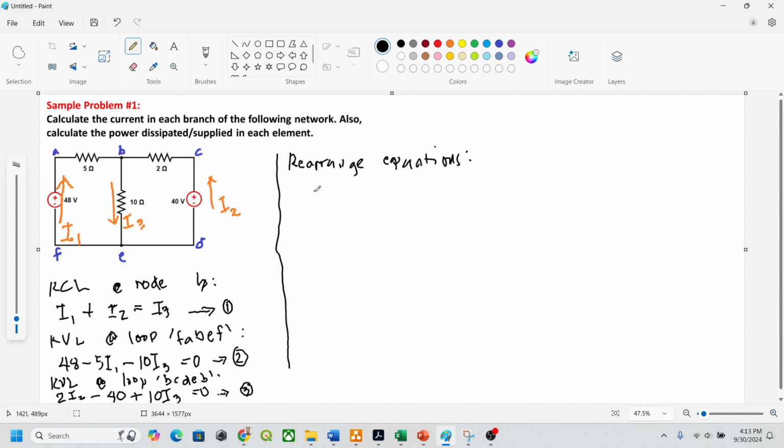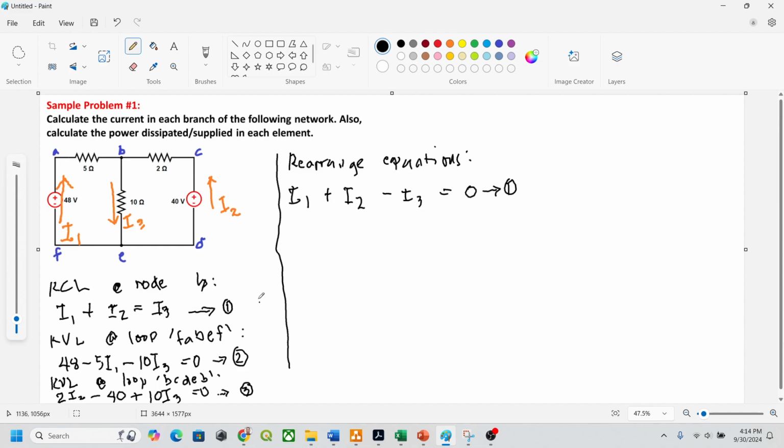So for the first equation, you will be having I1 plus I2 minus I3 is equal to 0. And this will be our equation number 1, right?